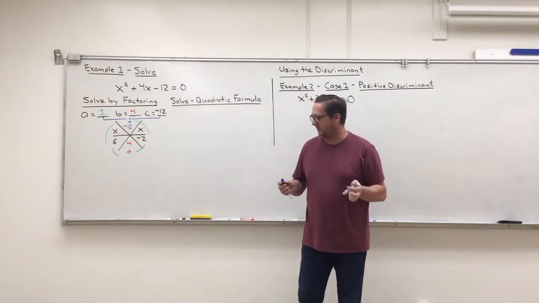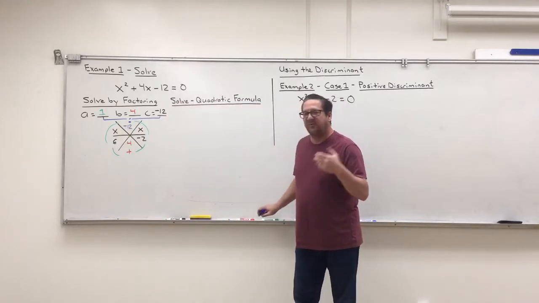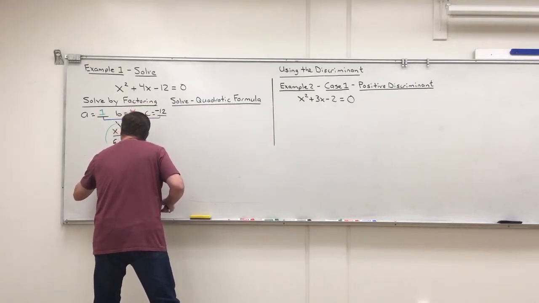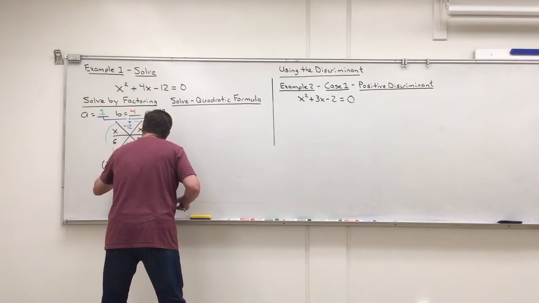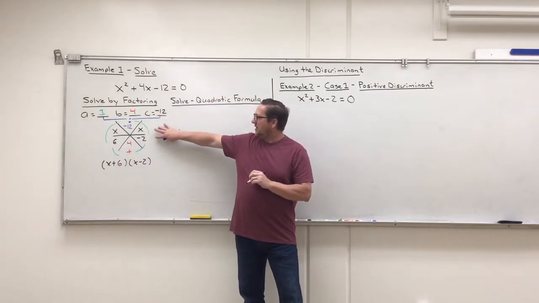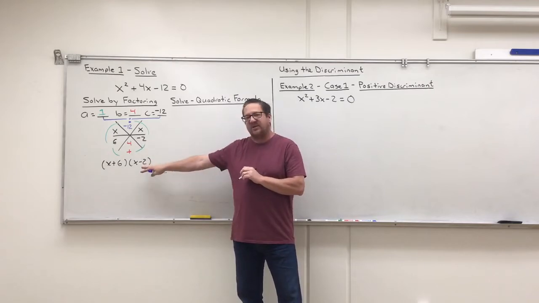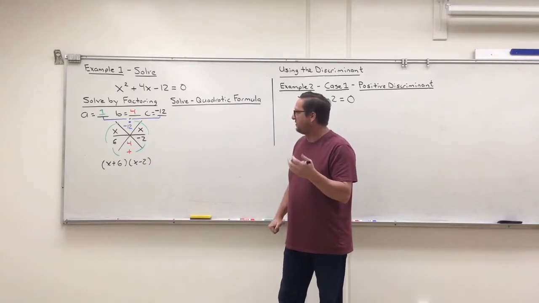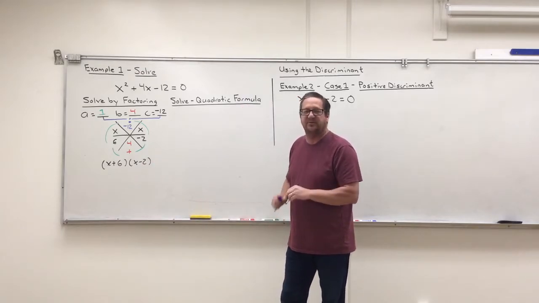Looks like everything's in place. And so our factoring would look like this. It needs to be a positive 6 and a negative 2. So when I asked you to factor the trinomial, you would have said this trinomial factors into x plus 6 times x minus 2.